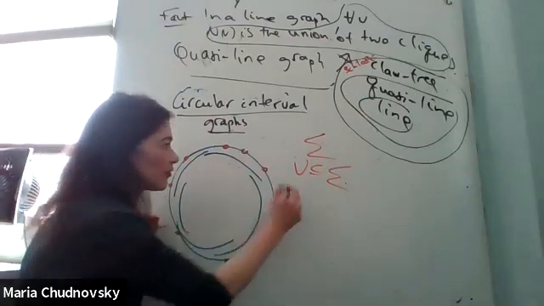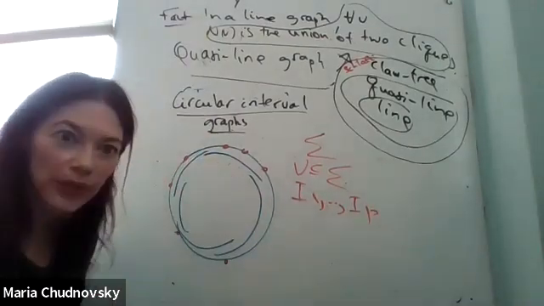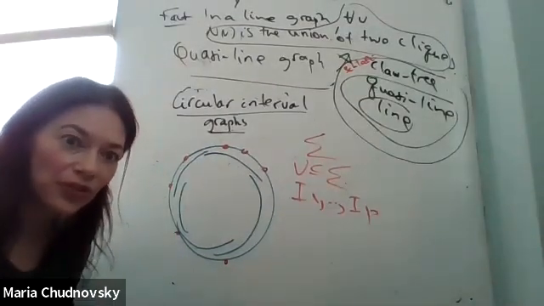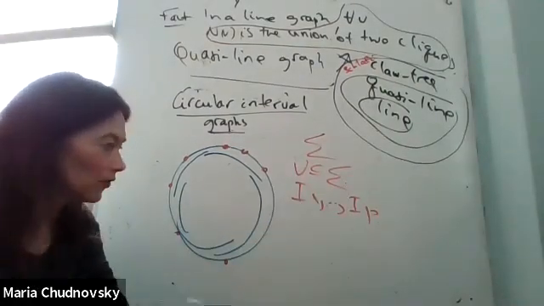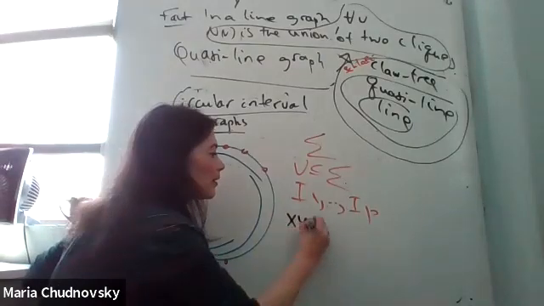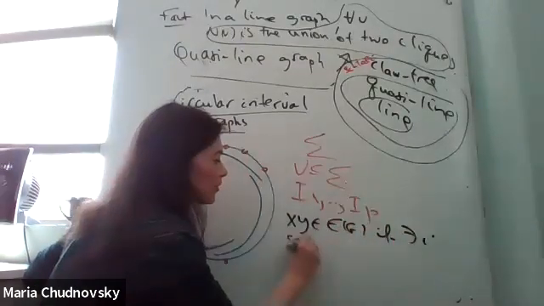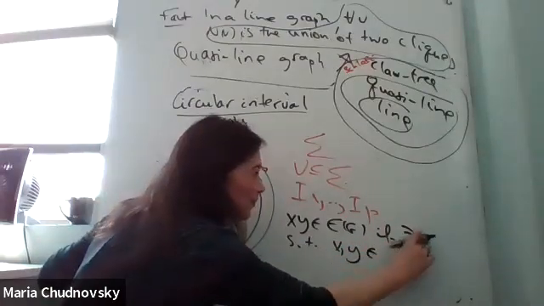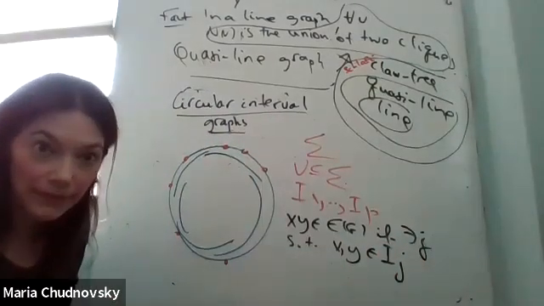And then I have a collection of intervals I1 through Ik. And what I need to tell you now is the adjacency between the vertices. The rule is two vertices are adjacent if one of the intervals contains them both. So XY is an edge of G if there exists an interval I_j so that X and Y are both in I_j. Okay, so that's the rule.